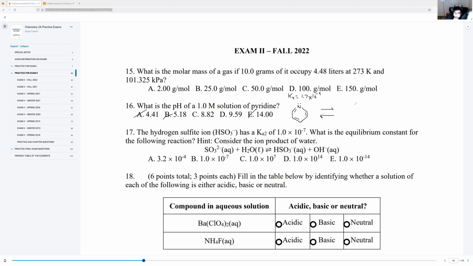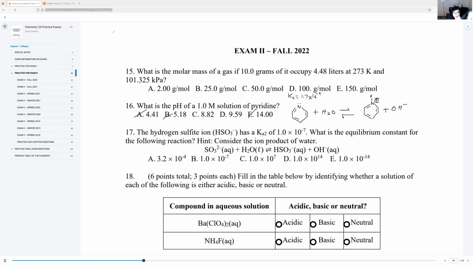And so this does an acid-base reaction like this plus H2O. That becomes positive, and that's it as an OH minus.